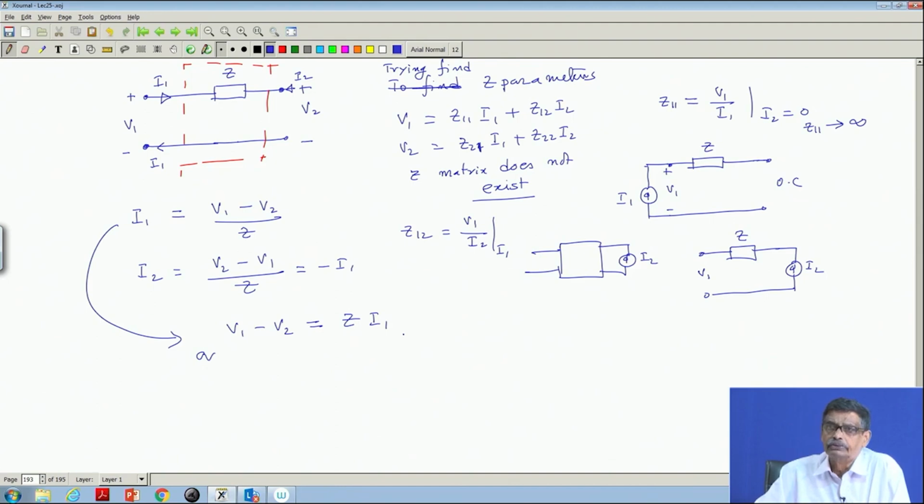So, it is not true that for any two port network all the matrices exist, that is, Z matrix will exist, Y matrix will exist, and so on. If the determinant of a 2 by 2 matrix is 0, its inverse will give infinitely large elements, and we cannot handle infinity in equations.